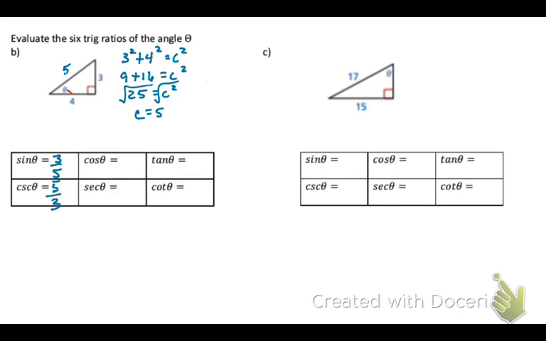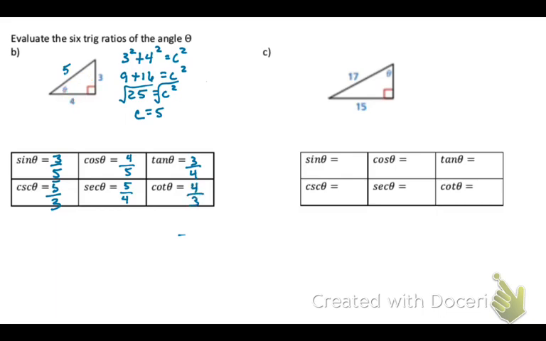So the side that touches it, that's not the hypotenuse, and then over the hypotenuse. So the cosine of theta equals 4/5. The secant of theta is 5/4. And now finally the tangent. Put your eyes back on theta again and look directly across, 3 over 4. And then the cotangent of theta is 4/3.